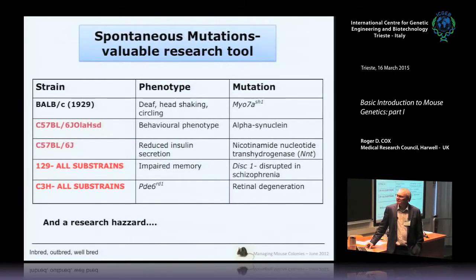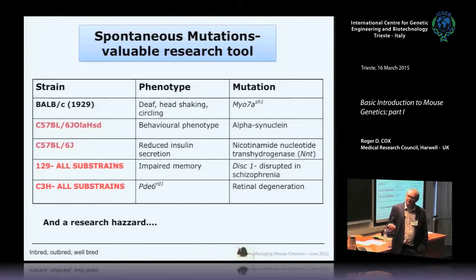So they can be useful. These mutations can be useful, so you might find that they're interesting, like the UCP1 would have been interesting if it was a novel gene, but it was already well characterized. But various inbred strains do carry mutations. So, for example, the NNT gene in C57 black 6J carries a deletion that reduces insulin secretion.